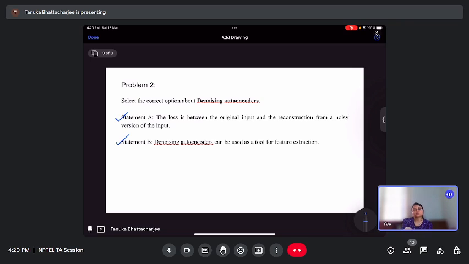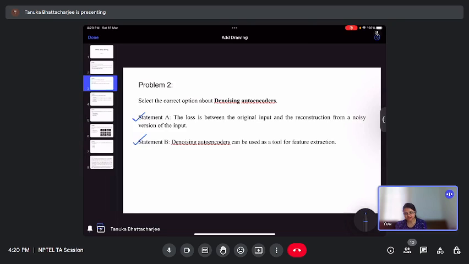In doing so, you learn a latent representation which you can use as a feature also. So you can use it as a feature extractor, as well as the idea is you are trying to reconstruct from a noisy version of the input, and you are trying to minimize the loss between that reconstructed version and the original input. So both options are actually correct.